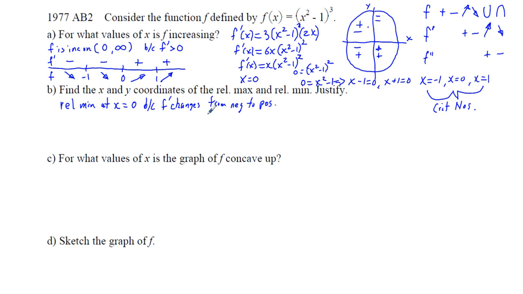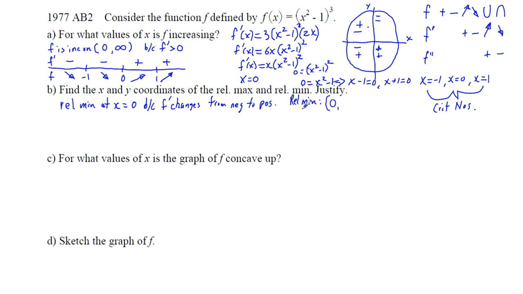And then also, what's really going to help us here is finding out what these points are. And as far as x and y coordinates, we already have a relative min. Okay, our x coordinate's going to be 0.